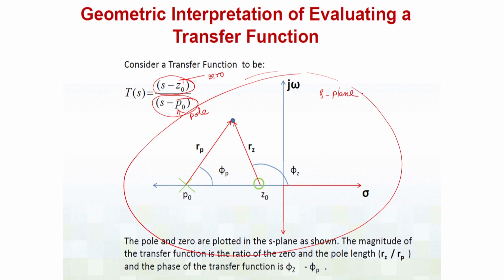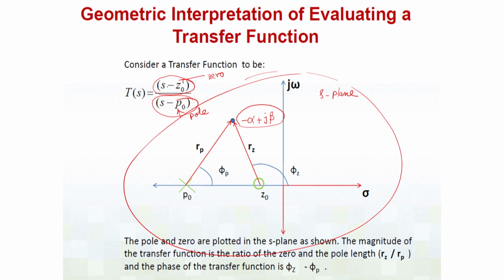So, on the s plane, let us say I have chosen a particular value here, which I call minus alpha plus j beta.